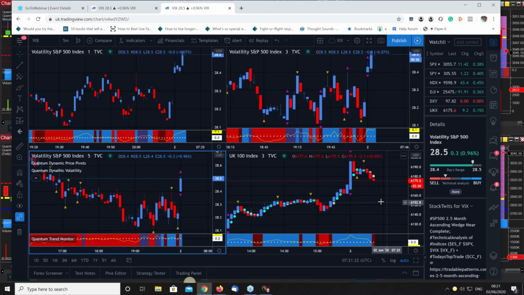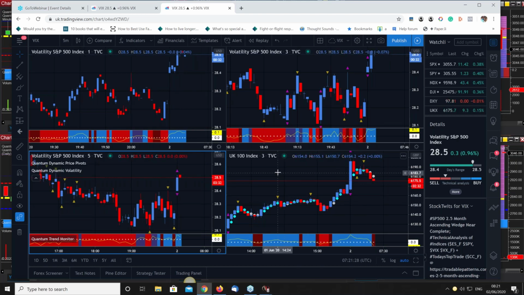So we've got the UK 100 here, and we've got the volatility index above. What we're actually seeing here, this is on 3 minutes. This is 8 o'clock. The UK market opens at 8 o'clock. And one of the reasons that you saw that reversal on the pound yen that Anna was looking at was purely to do with sentiment, and this reversal in sentiment was reflected in the UK 100.